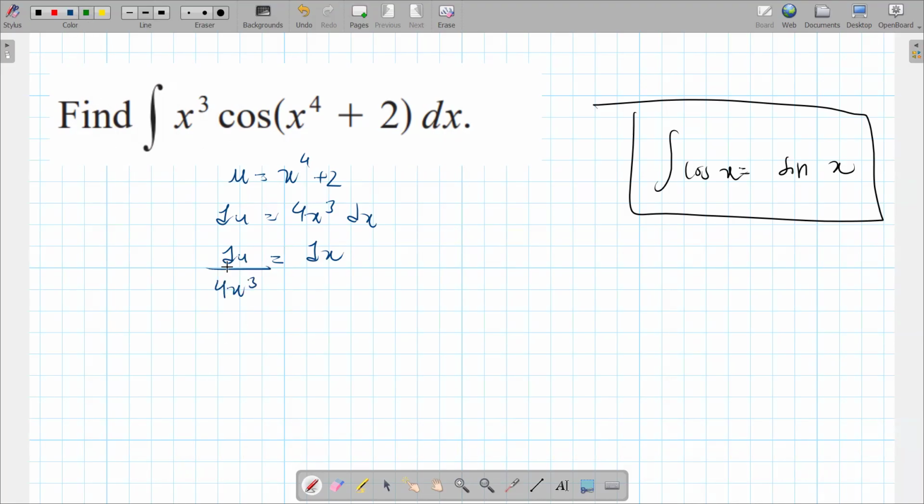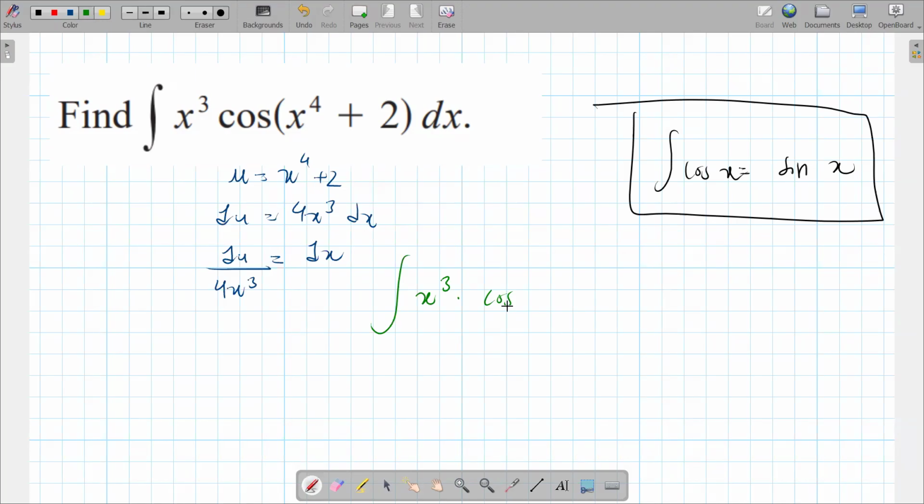From here, the problem becomes much easier. So x cubed, we haven't touched it, but it's going to get canceled out anyway, so we're not too worried about it. Cosine of what? What goes after cosine here?